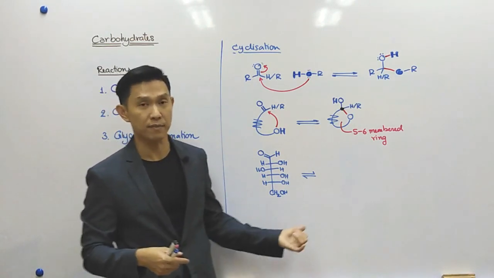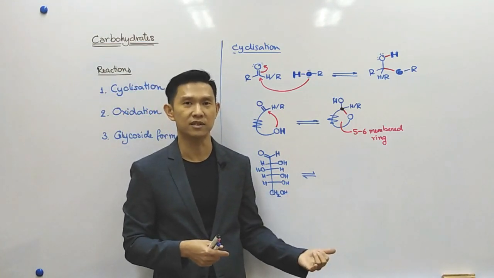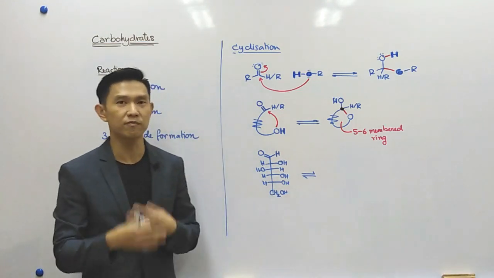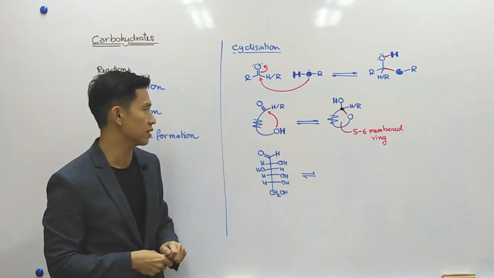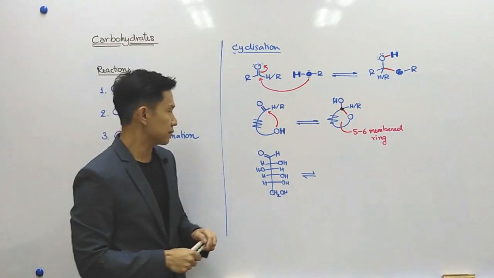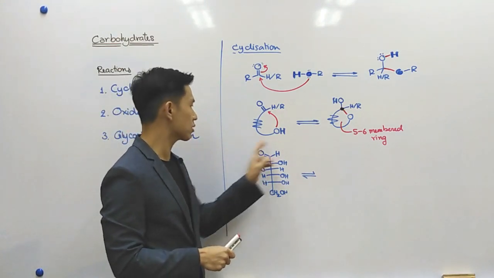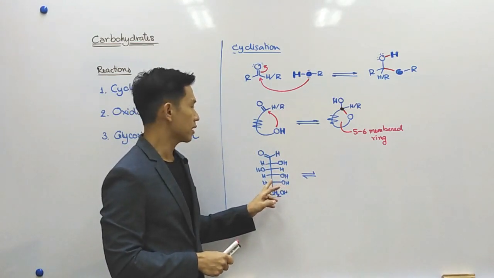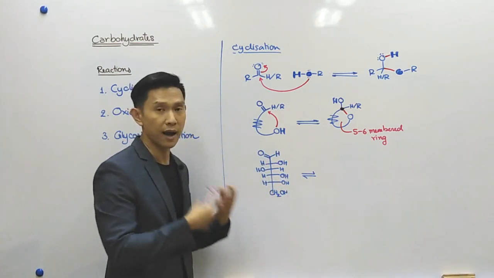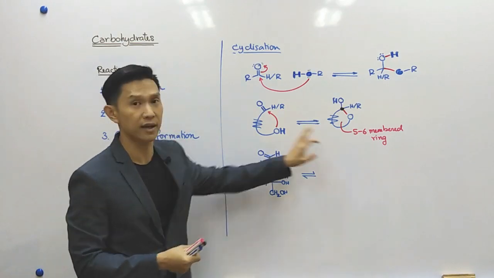And also in 5 members, you construct another 32 possibilities. So there is a kind of mixture of things in saccharide chemistry. I will not show you how to close the ring, but I want you just to know that it can happen.